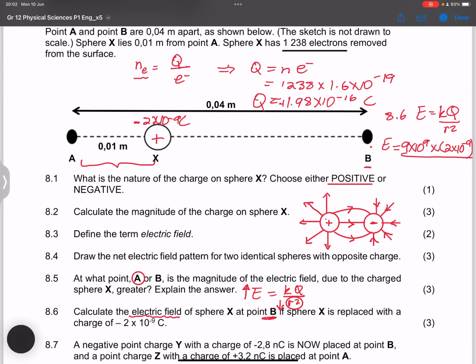That tells us the direction of the field, but we don't need to substitute it into the calculation. So divided by r squared, the distance between X and point B would be 0.04 minus 0.01, so that is 0.03 squared.